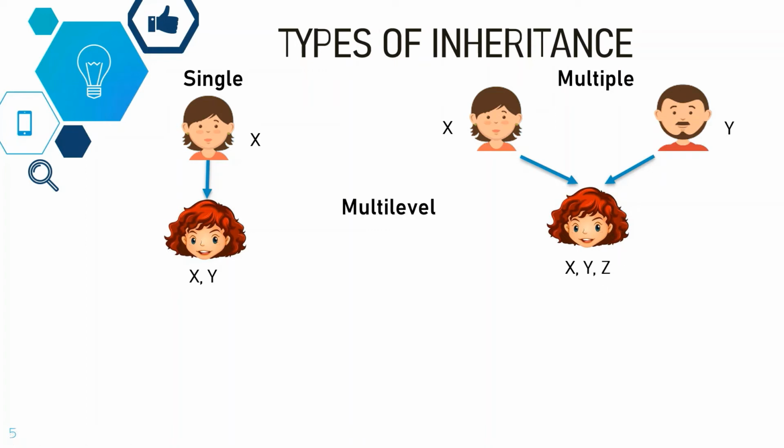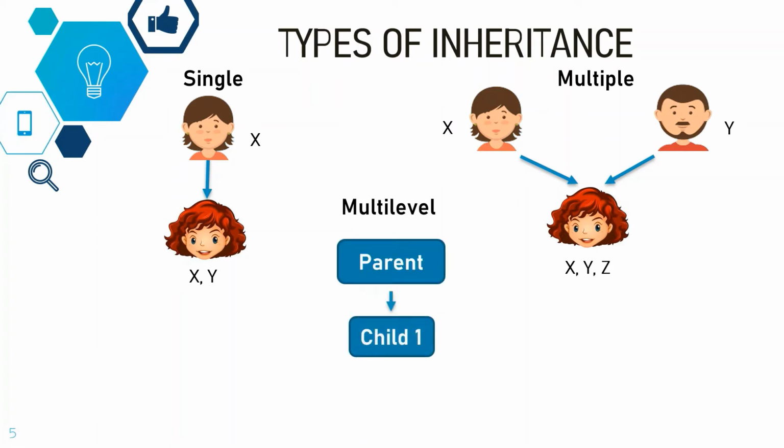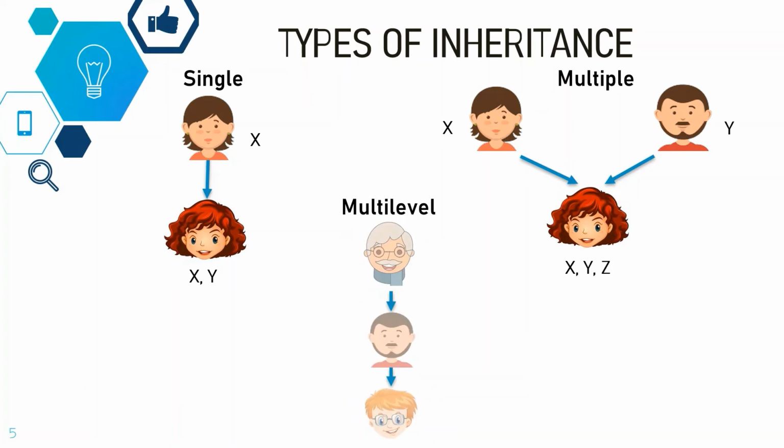The next type of inheritance is multi-level inheritance, wherein a parent class is inherited by a child class, and this child class is further inherited by another child class. So, for example, we have a grandparent whose qualities are inherited by a parent, and the qualities of this parent in turn are inherited by a child or a grandchild.